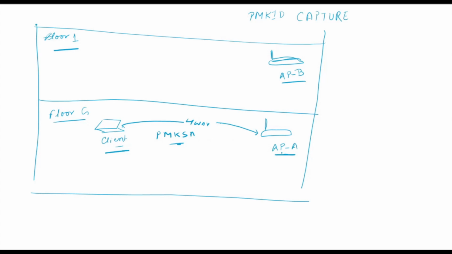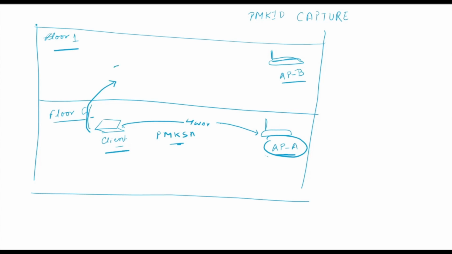There it will be more than one access point, and this PMK cache is needed for employees to roam freely from one floor to another. Now suppose this client wants to go to floor 1. If the client goes to floor 1, then the coverage area of this access point is only the ground floor, so on floor 1 it will not be there.